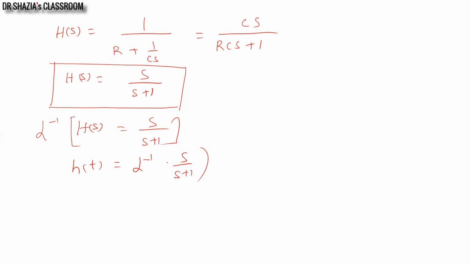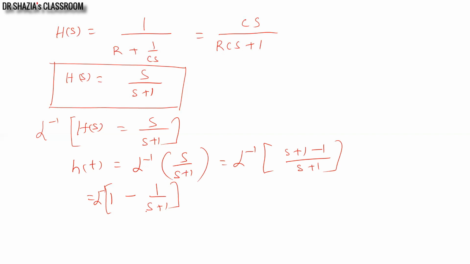Yes, s by s plus 1 can be written as s plus 1 minus 1 by s plus 1, or 1 minus 1 by s plus 1. Taking the inverse Laplace transform of this, the inverse Laplace transform of 1 will be delta t, and the inverse Laplace transform of 1 by s plus 1 will be e to the power minus t u of t.